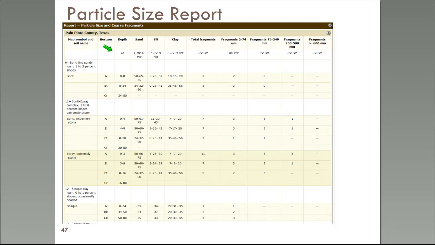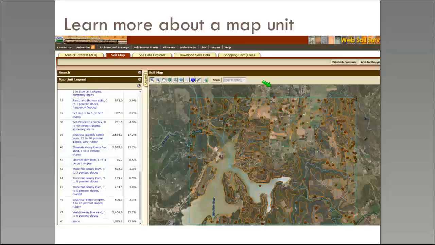So for each horizon of that particular soil, we will get the thickness, 0 to 8 inches, 8 to 24 inches, which would be a 16-inch thick horizon, sand, silt, and clay, and the amount of rock fragments and the size of rock fragments.